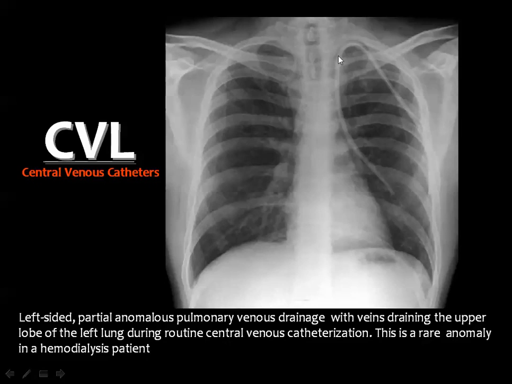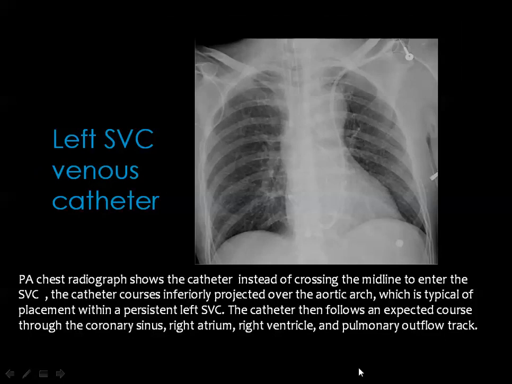It is located to the left of the midline, and this is one of the rare conditions, where the patient had an anomalous venous drainage. In this particular patient, it happened to be a left-sided superior vena cava.